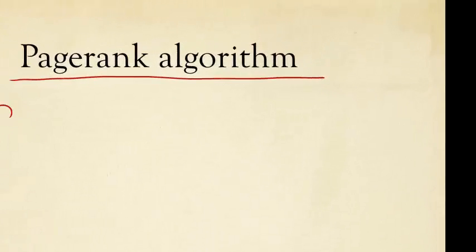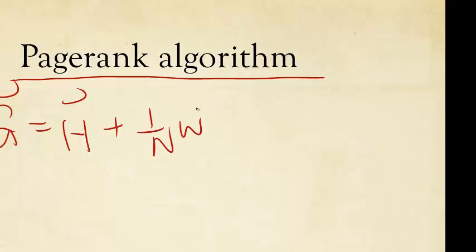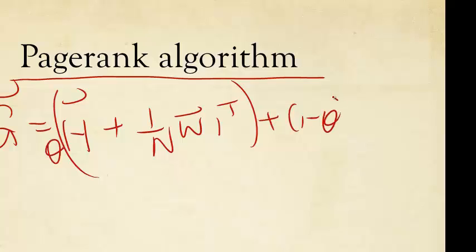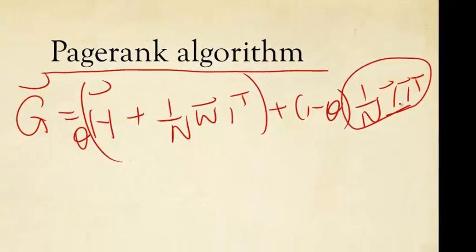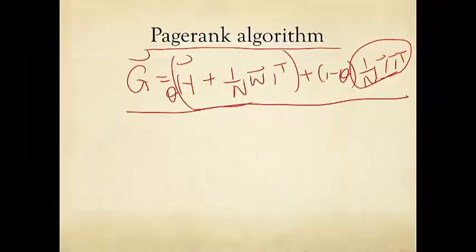It says that given this matrix G, which is H plus 1 over n times the w vector outer product with the one vector, the whole thing theta percent of the time, plus 1 minus theta, the other percentage of the time, multiplying by this randomization vector, giving you an outer product matrix of all ones. You define G as such, and then you're going to iterate.